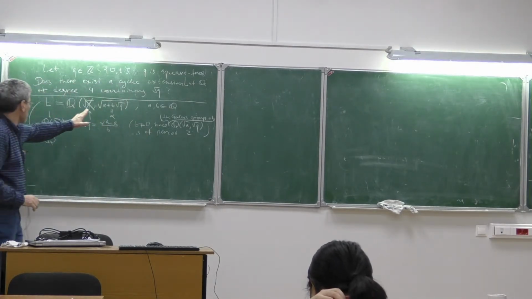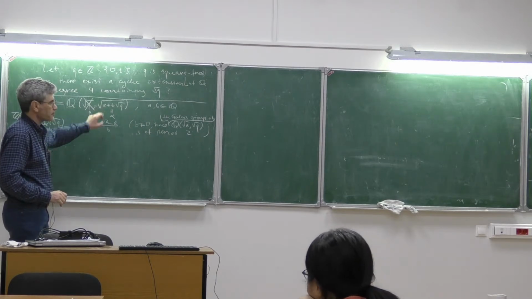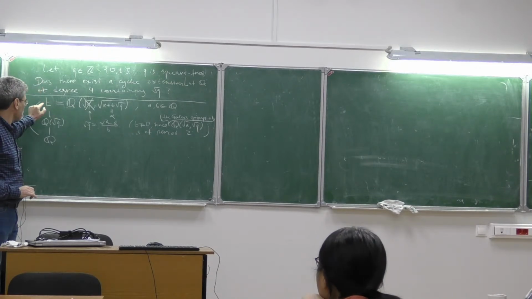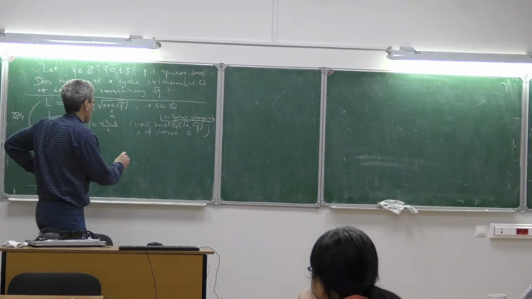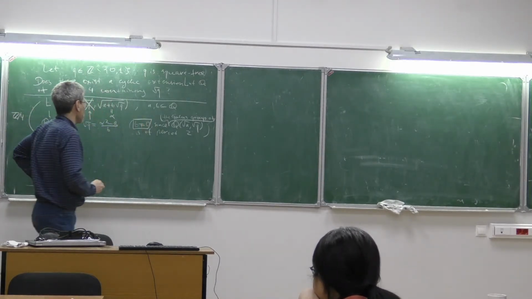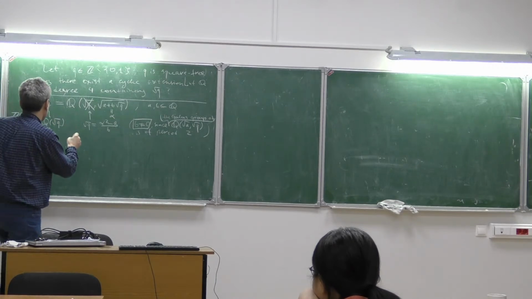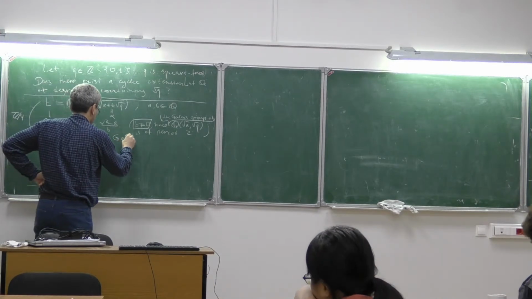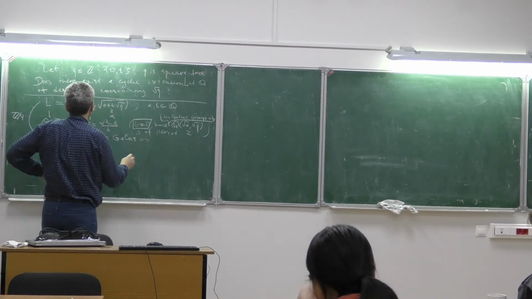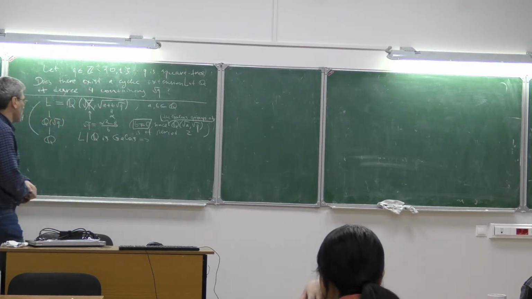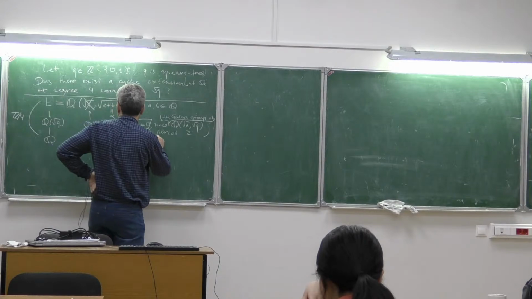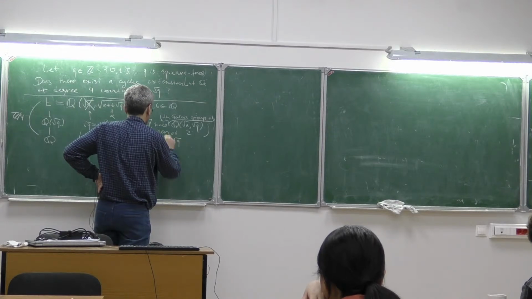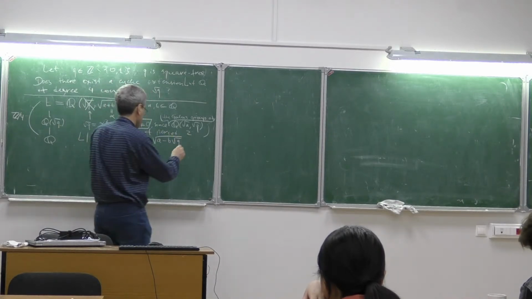Okay, now we want this field to be a Galois extension. So now that b is non-zero, we want L over Q to be Galois, and therefore it contains the square root of the conjugate of alpha.